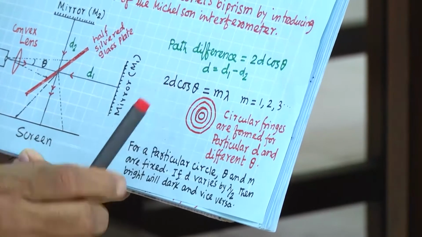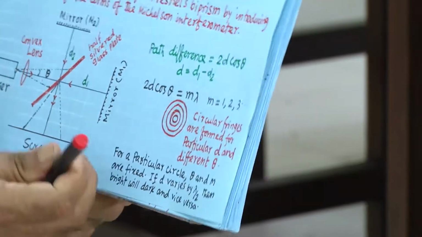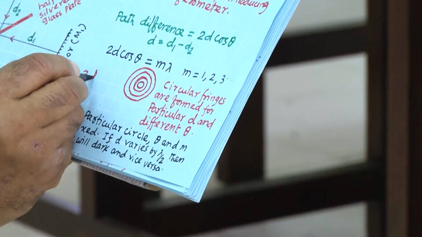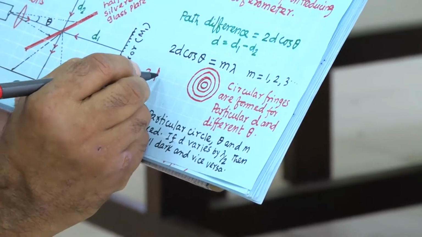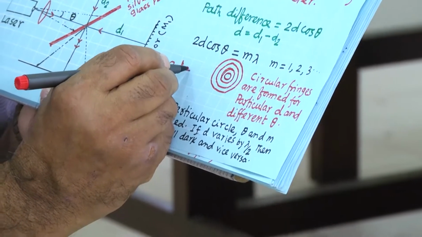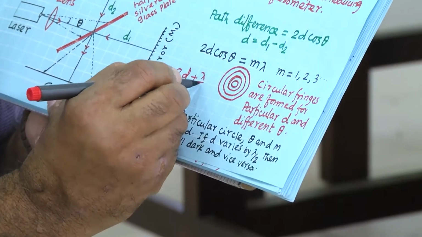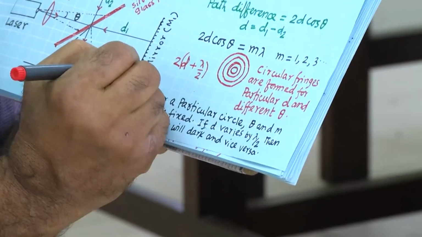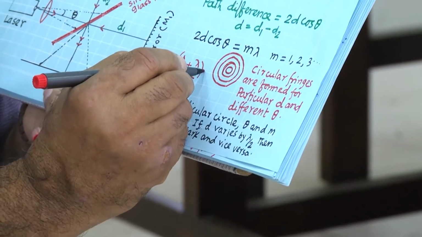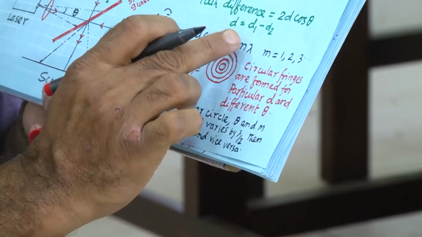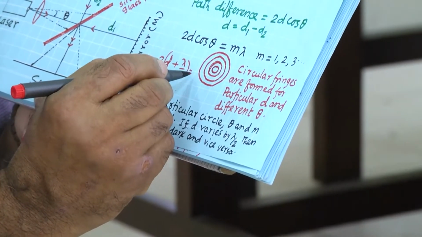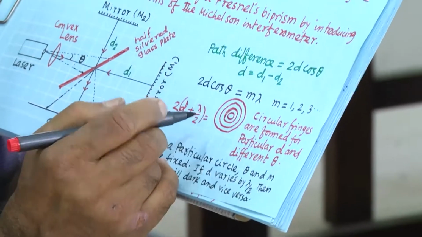So, actually 2D, sorry, I should write. 2D for the central fringe. Now, if D increases by lambda by 2, then what will happen? This order m will change. So, this will be some different order.